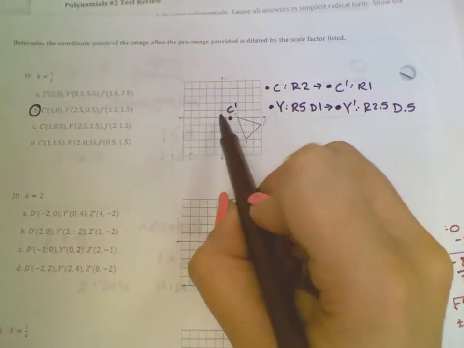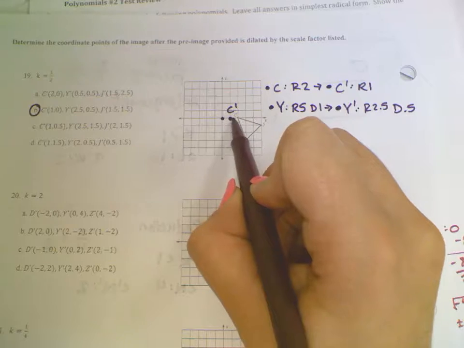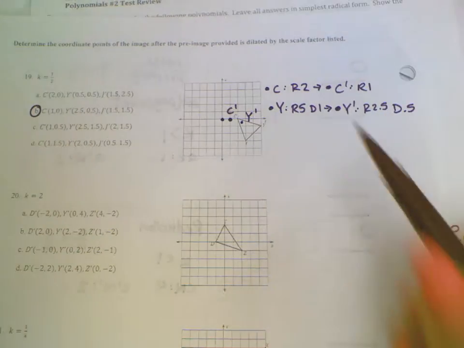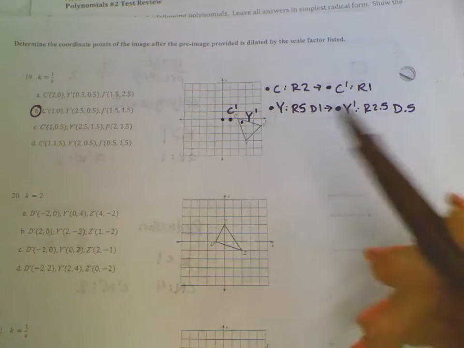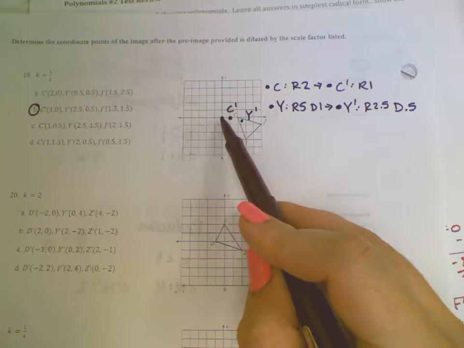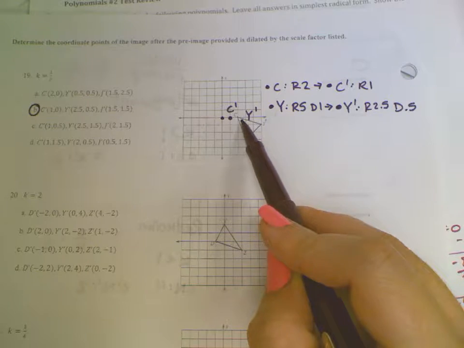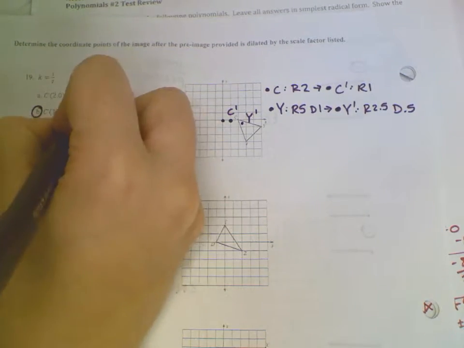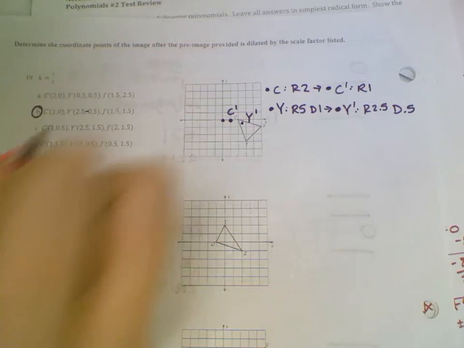So from my center of dilation, I'll go right 2.5 and down 0.5, and this will be Y prime. So this point right here is going to be (2.5, -0.5). So really this Y prime has a typo and should be negative 0.5.